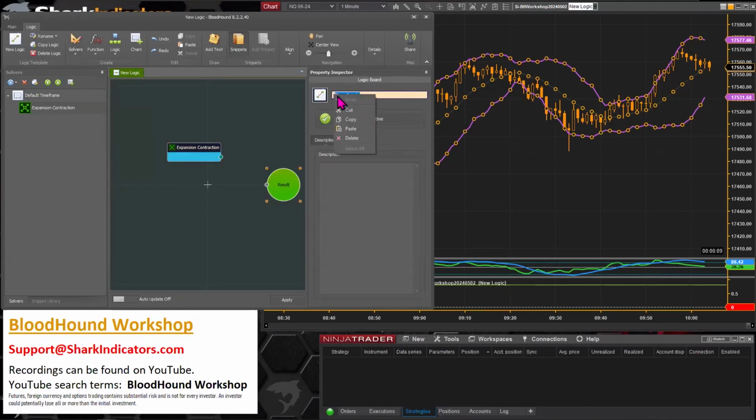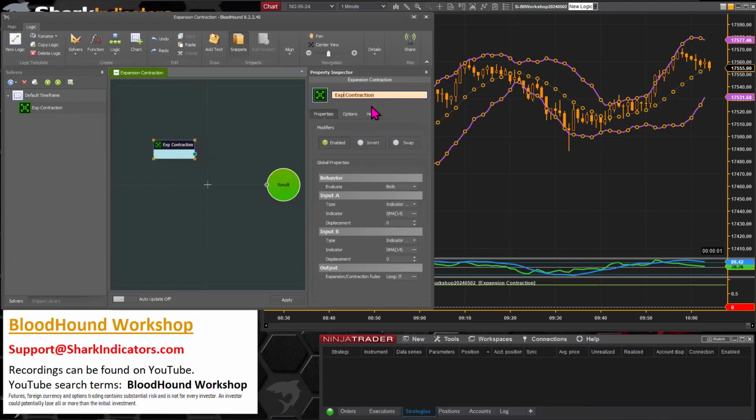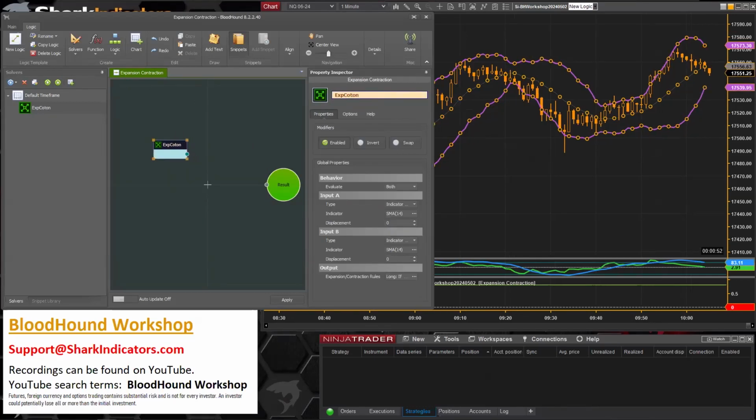And I'm going to name the tab. So this one will be the Bollinger expansion contraction. We'll connect that up to the result node, and obviously you need two inputs, or two plot lines. So we have input A, input B.